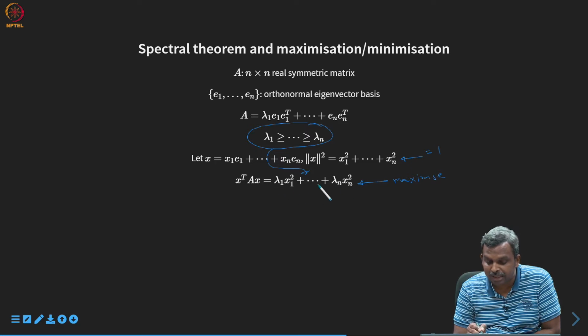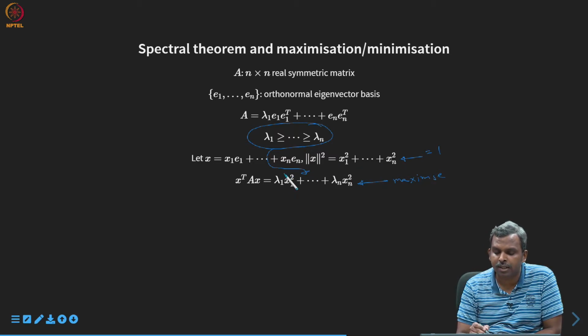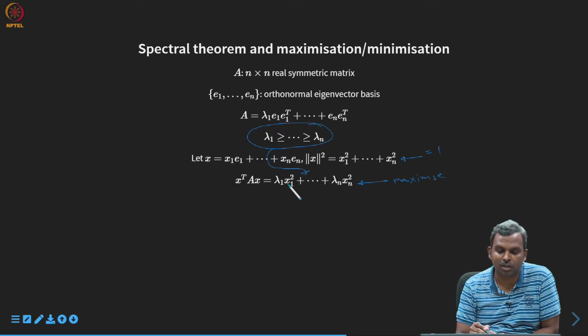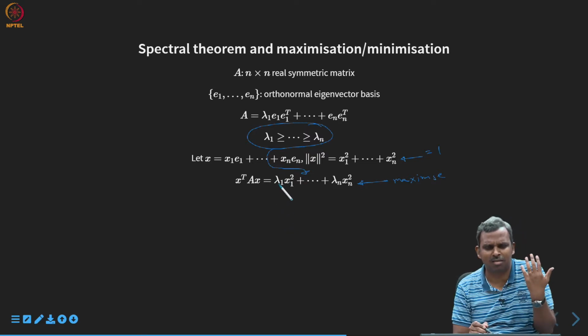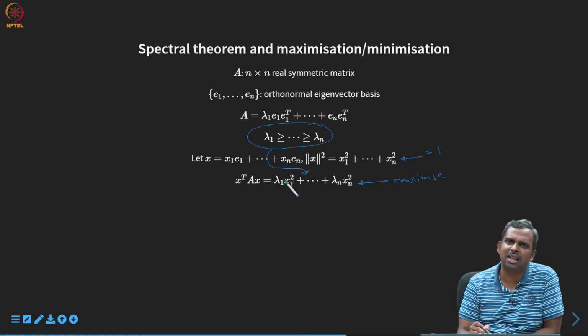So if I want to maximize this sum, I want to make sure that x1 is as large as possible, right? Now suppose I don't put any constraint on x, I can make x1 infinity or something very large, and then simply the sign of lambda 1 will sort of dominate what happens, whether in maximization or minimization. Let's say lambda 1 is positive, right? So then if you want to maximize, you simply let x1 become larger and larger and larger, you will get plus infinity, right?